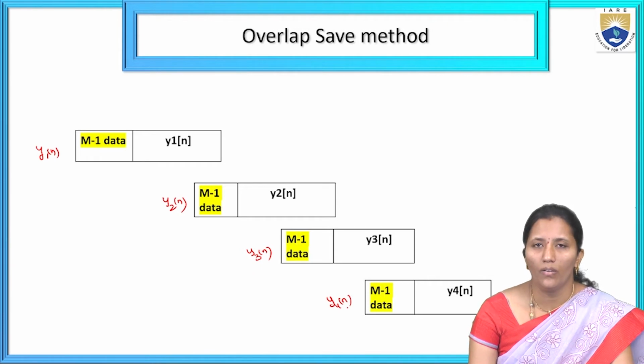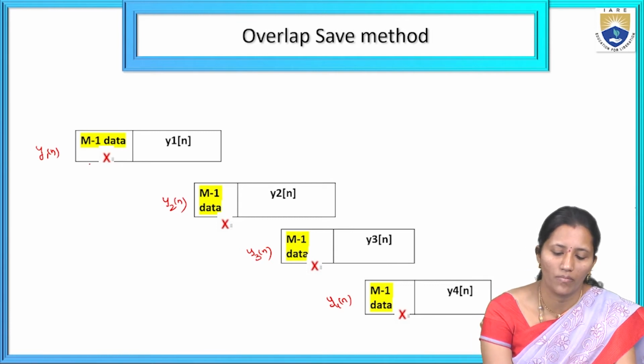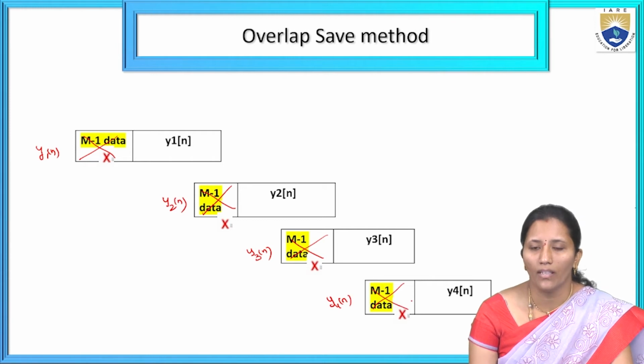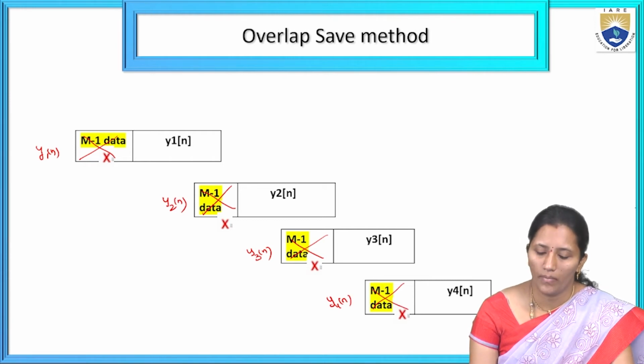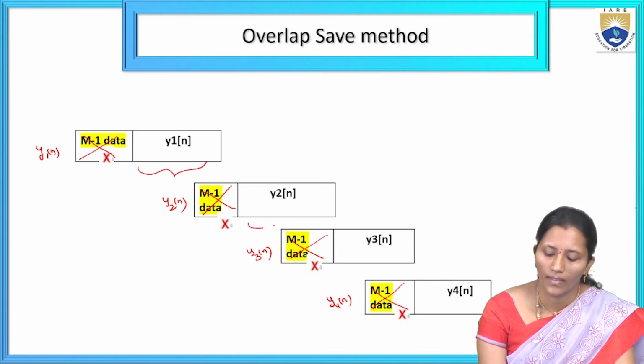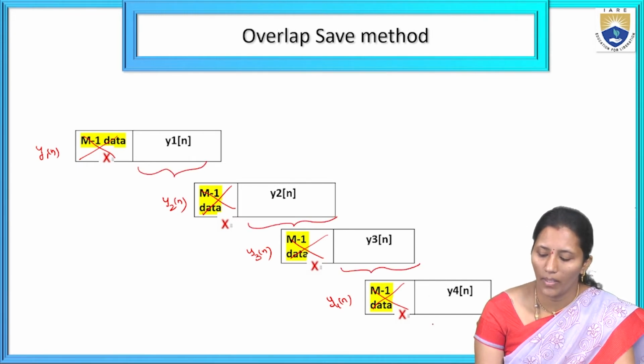Okay, so the first m minus 1 bits will be discarded for each block of individual output responses. So the first m minus 1 bits of y1 of n will be removed, and m minus 1 bits of y2 of n, m minus 1 bits of y3 of n, m minus 1 bits of y4 of n will be removed and the remaining bits will be coming to the output.